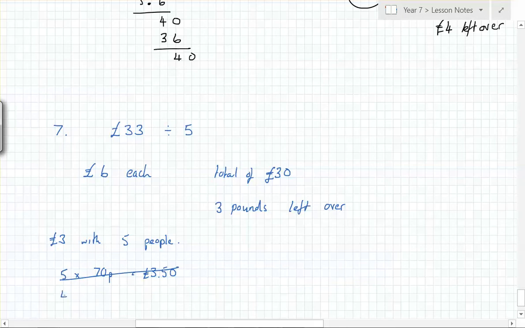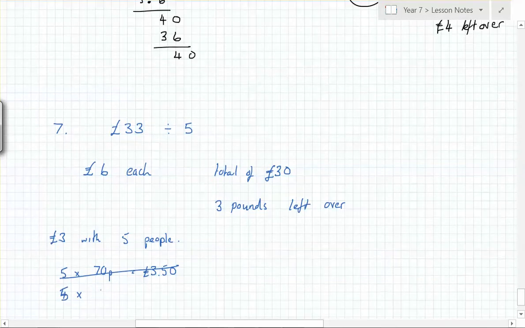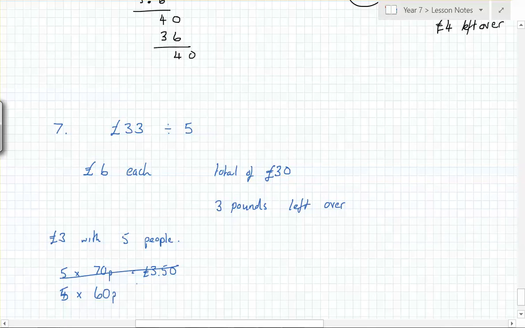Well, that means 7.5. 5 lots of 65. No, 60 maybe. Let's do 5 lots of 6, because now we're doing a kind of trial and error method, which is fine. 5 lots of 60p makes 3. 5 sixes are 30, so that would make £3.